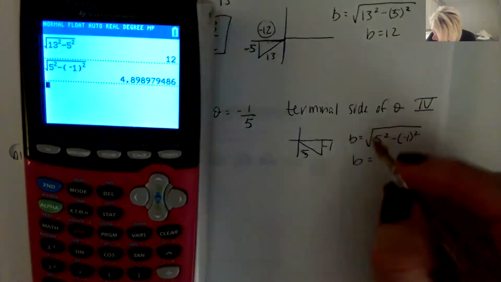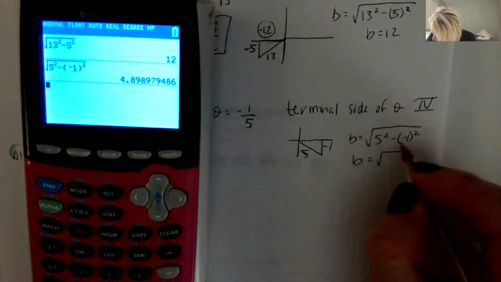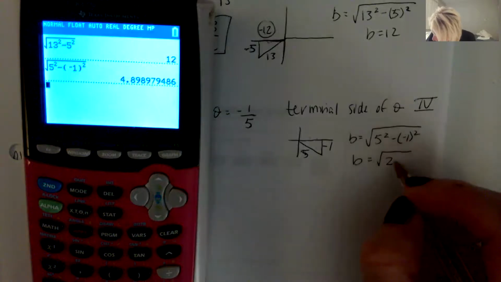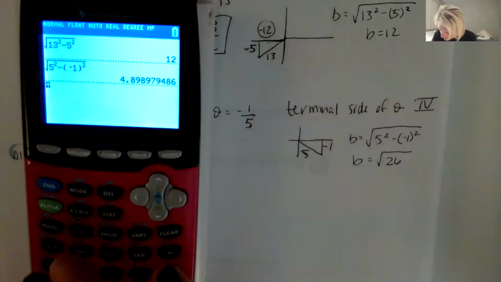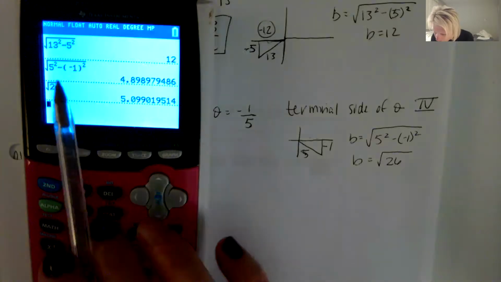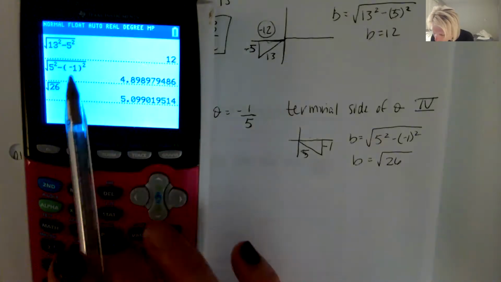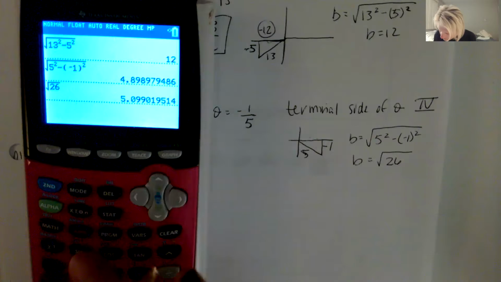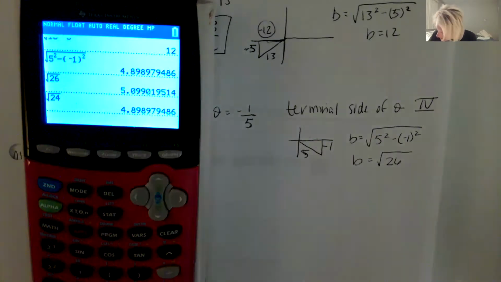So that's going to be the square root of 25 plus 1. So it's going to be the square root of 26. Oh, no. 24. Yes.